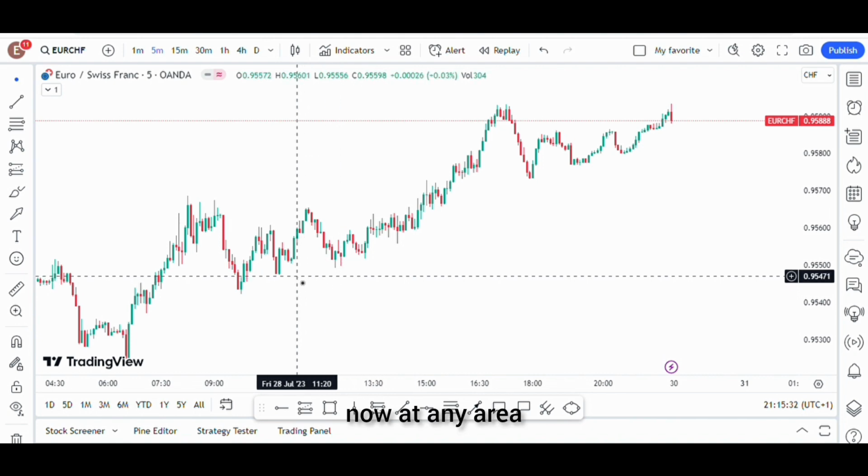Now any area that might identify or indicate traders' willingness to buy, these zones or areas are known to be your support zones.